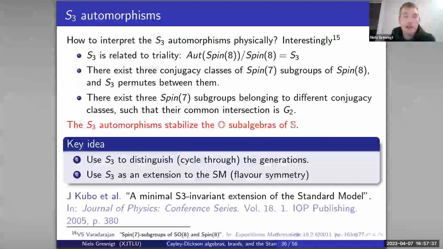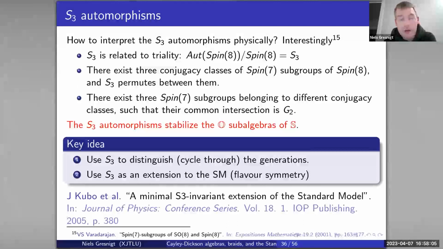In particular, it's not clear how we should then interpret the S3 automorphisms. Now, S3 can be related to triality. And also very interestingly, if you look at Spin(8), you find that there are three conjugacy classes of Spin(7), and S3 permutes between them. And you can pick Spin(7) subgroups from each conjugacy class such that their intersection is G2.